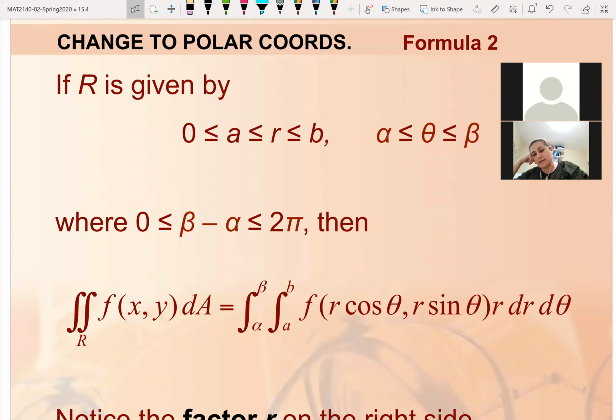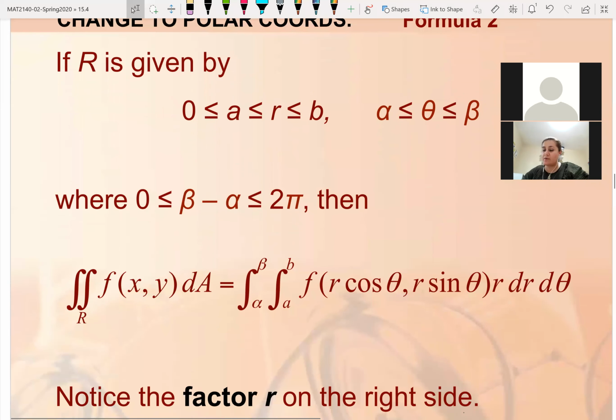So this is the page, the thing that we need to know. If you have to move from rectangular coordinates to polar coordinates, you have to pay for that. What's that payment? r. So you are moving from rectangular to polar to make your job easier, so you must pay for that, and the payment is that Jacobian, okay?